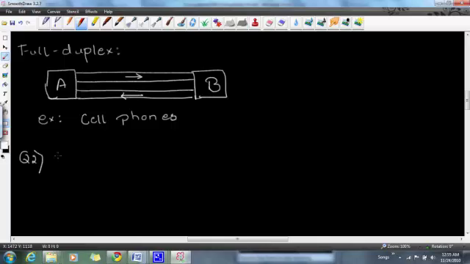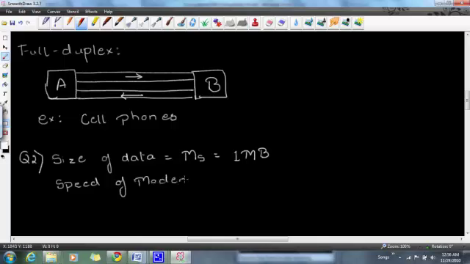So the size of data to be downloaded, let's call it ms, is equal to 1 megabyte, and the speed of download, or the speed of the modem which is downloading the data, let's call that SP, is 32 kilobits per second.